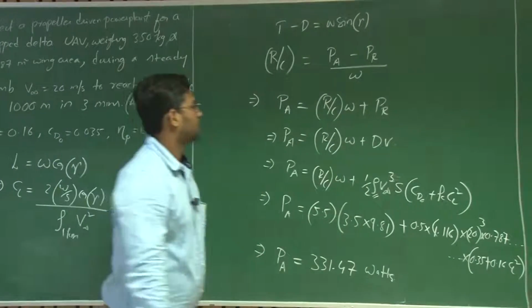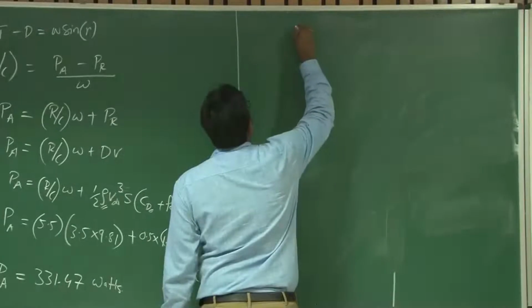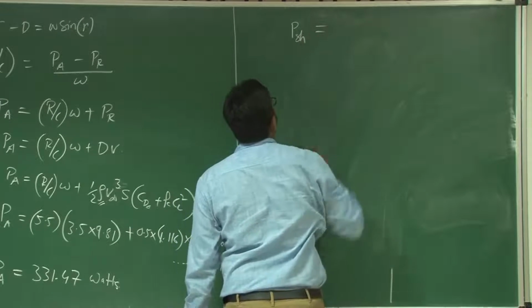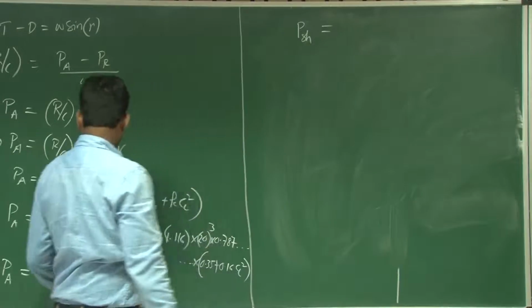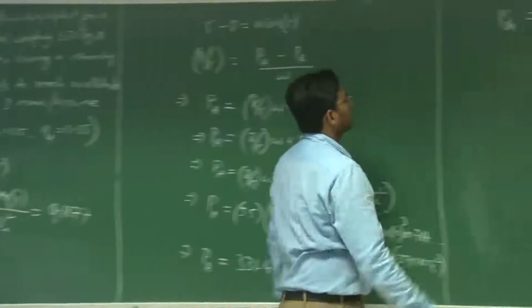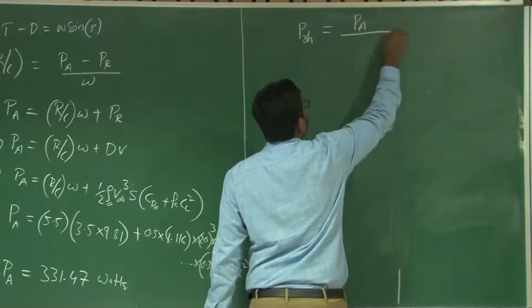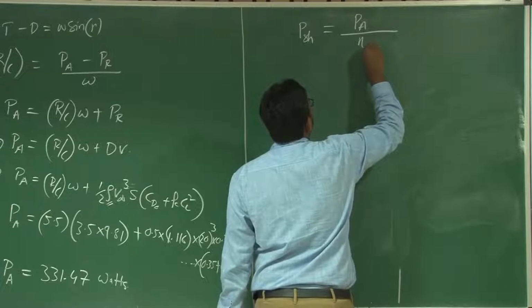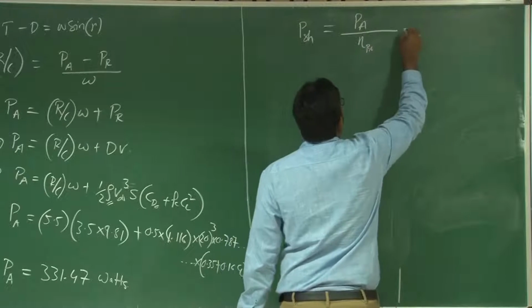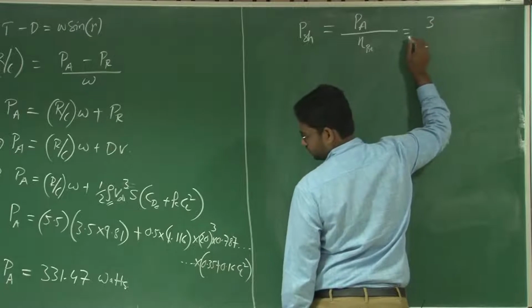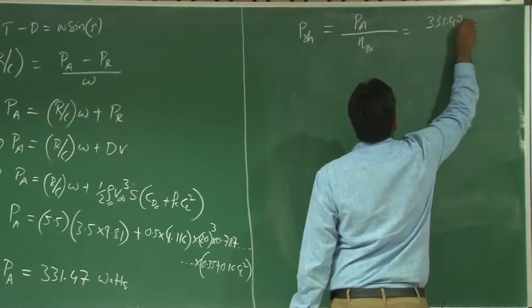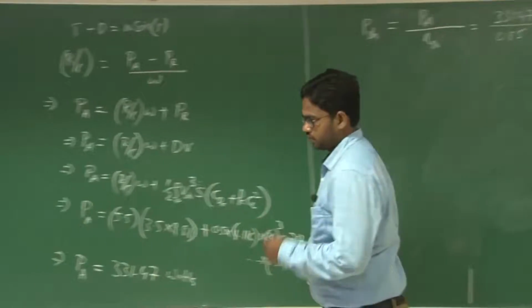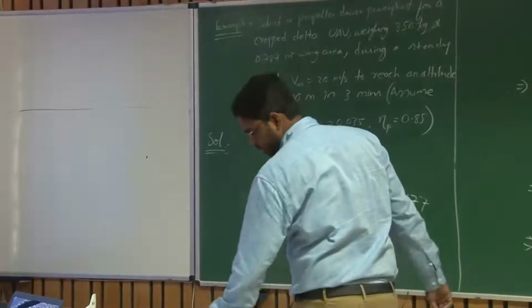Now, what is the shaft power required to achieve this flight condition? This is the power actually required by the entire system, divided by propeller efficiency. This is 331.47 divided by 0.85, which is approximately 389.97 watts.